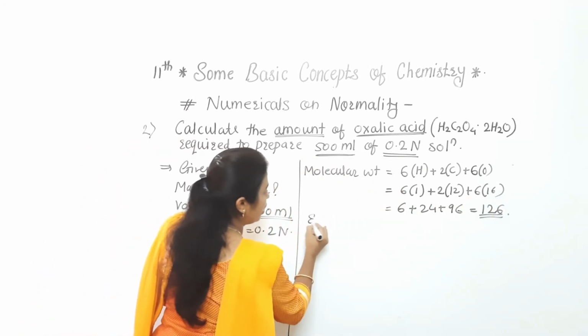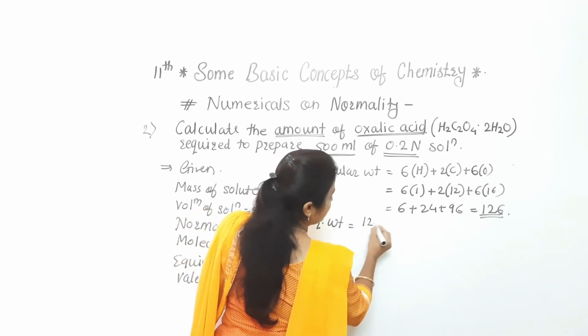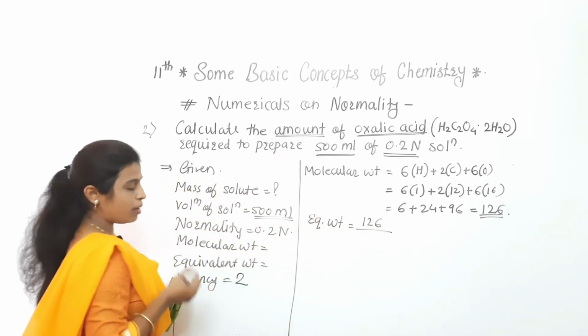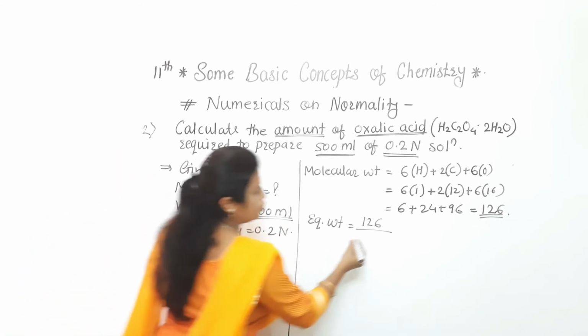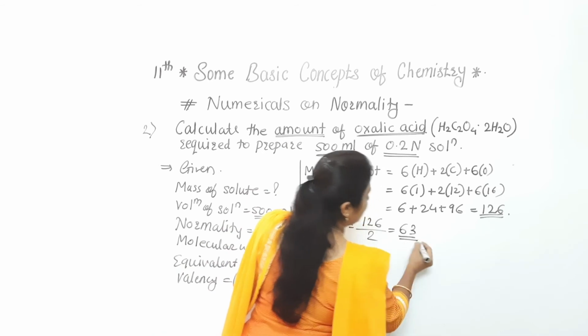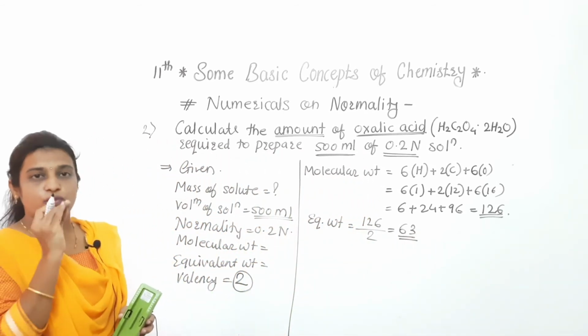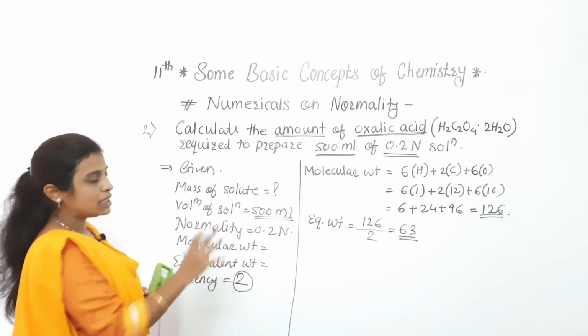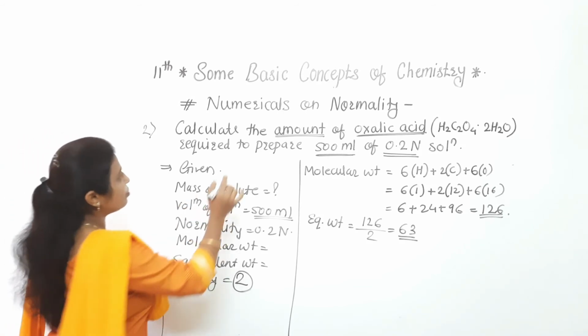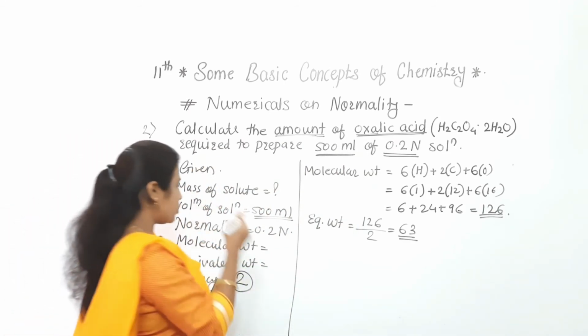Now see, equivalent weight. Equivalent weight is equal to molecular weight, that is 126, divided by valency. Valency is 2. So 63 is the equivalent weight. So in that formula whatever we have to use, that content is with us. So we can find out that mass of oxalic acid easily. Now see, normality.